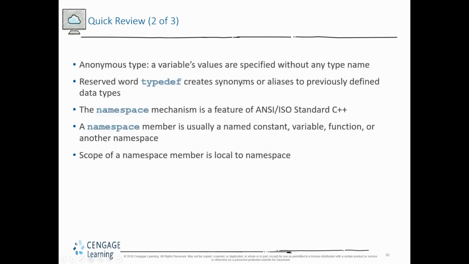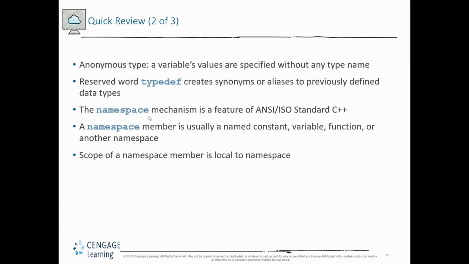Anonymous type of variables, values are specified without any type name. Not a good idea. Reserved word typedef creates synonyms or aliases to previously defined data types only. Remember, again, you need to have a type name already with the enum.